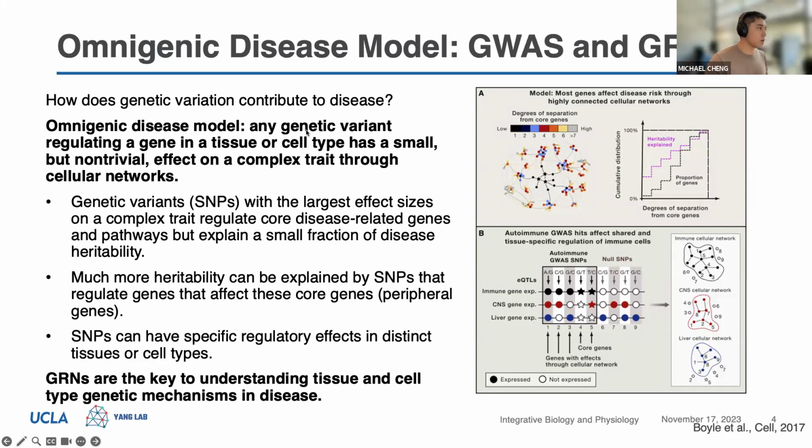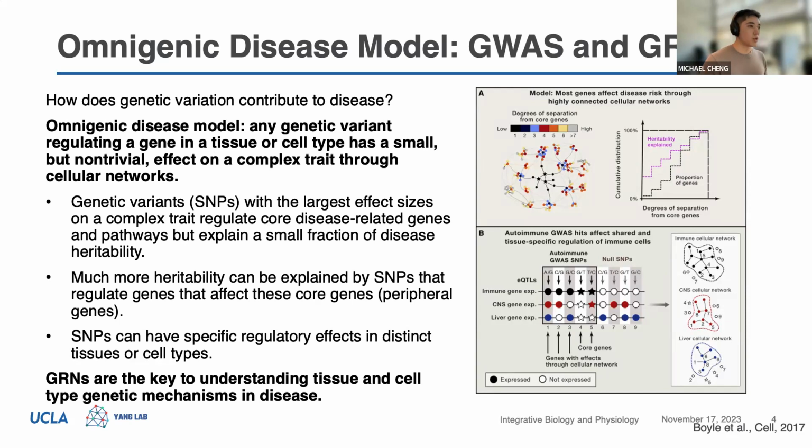There are some implications of this hypothesis. First, these genetic variants or SNPs that you would see in a genome-wide association study for a complex trait, those with the largest effect sizes that pass genome-wide significance, tend to regulate core disease-related genes and pathways, but this only explains a small fraction of the disease heritability.